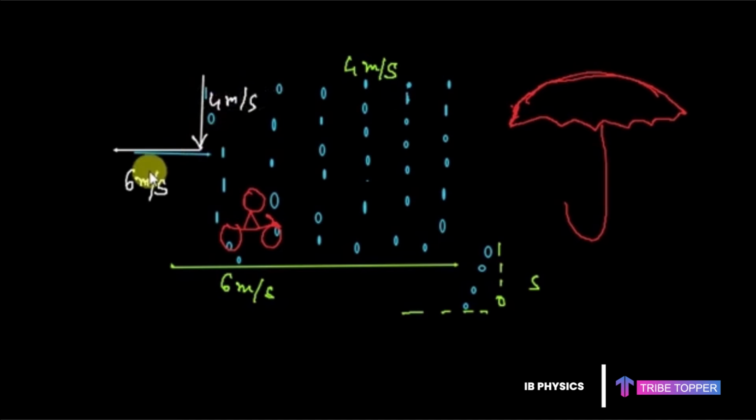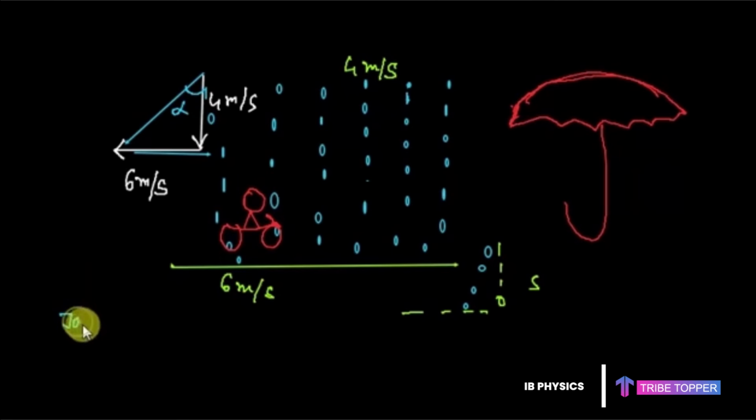So these are in the same order, and therefore the relative velocity of the rain is going to be along this direction because it appears to be coming towards you at some angle. Say this is an angle alpha. Then what is the angle which this rain is making with respect to you? You can calculate that by applying right-angle trigonometric rules.